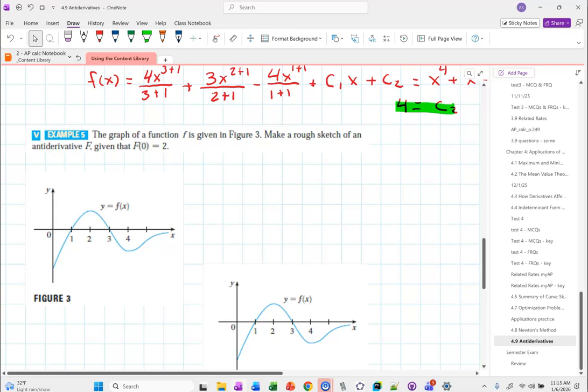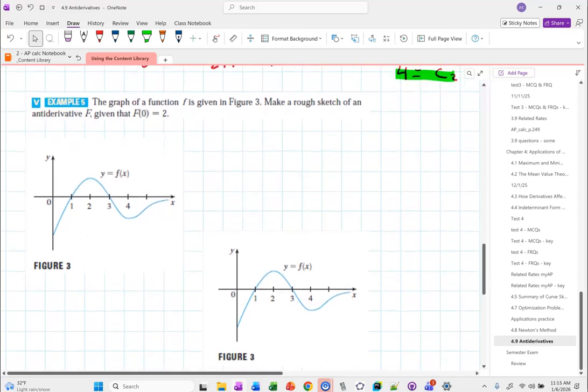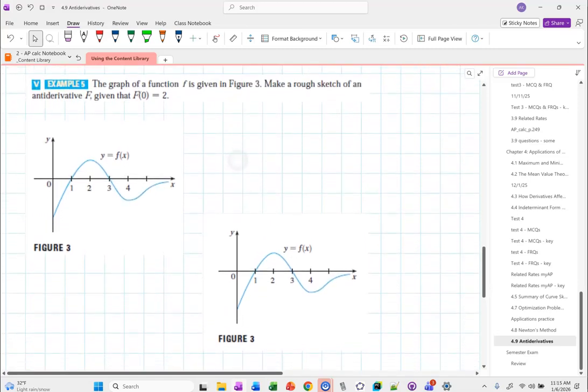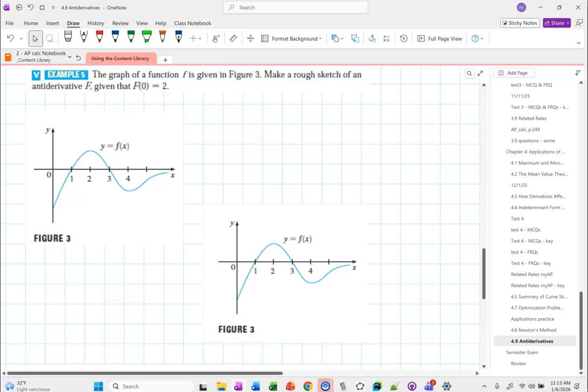Okay, so here it says we're given a function of f, and we want to make a rough sketch of its antiderivative such that f of 0 is equal to 2.